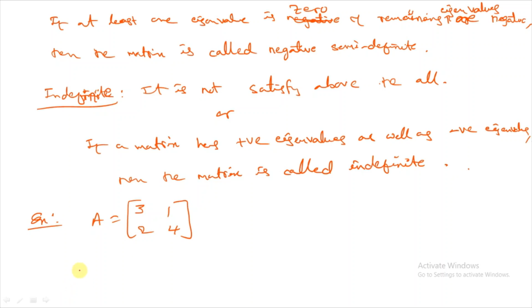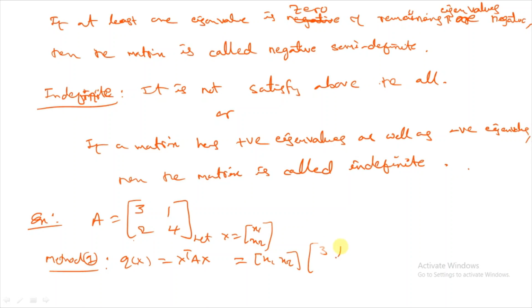Method 1: let x = (x1, x2) be a real vector. Then x transpose A x is (x1 x2) times [[3, 1],[2, 4]] times (x1, x2).